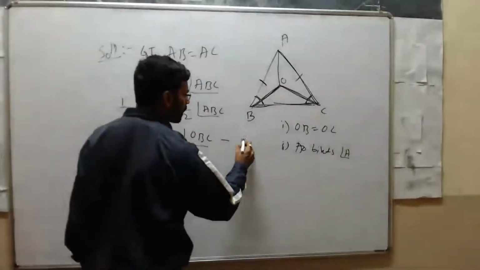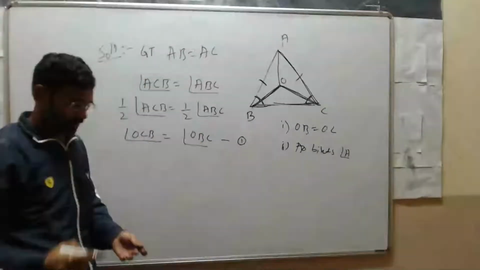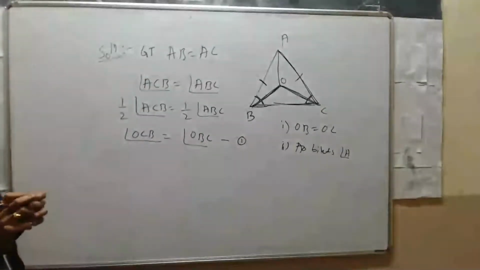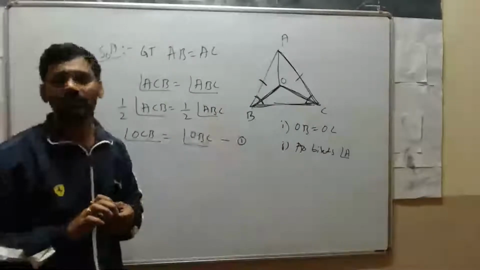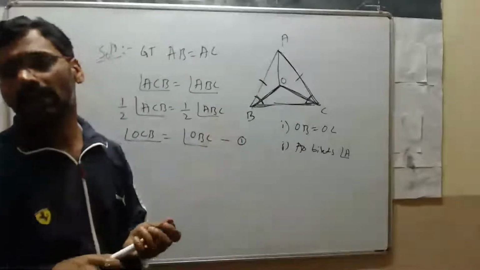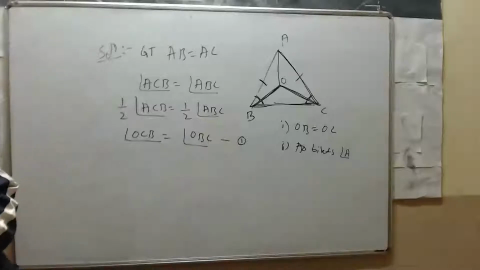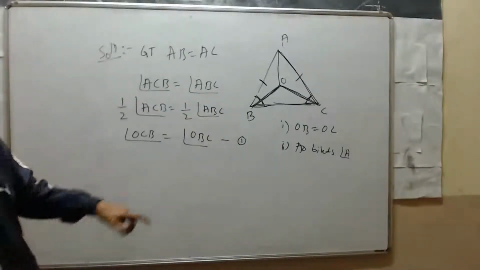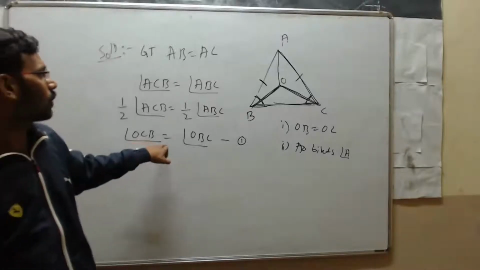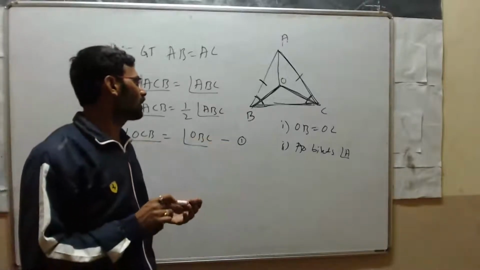Call this equation number 1. OCB equal to OBC, equation number 1.